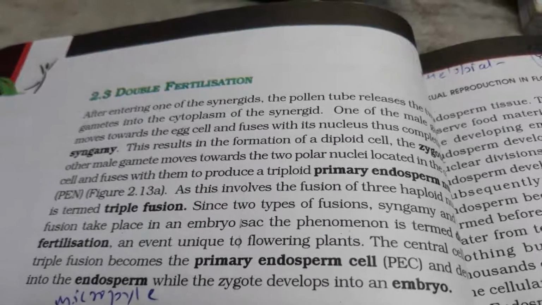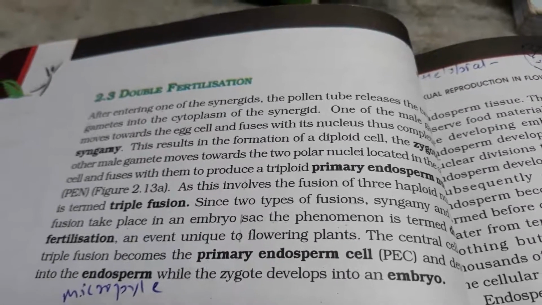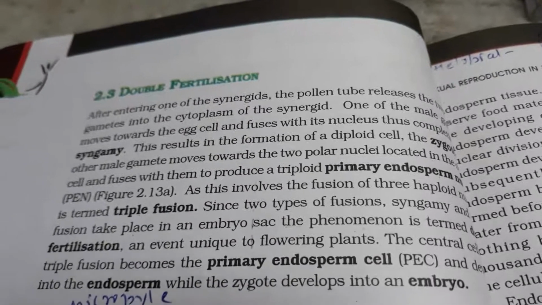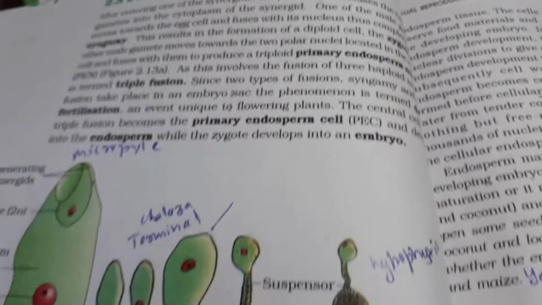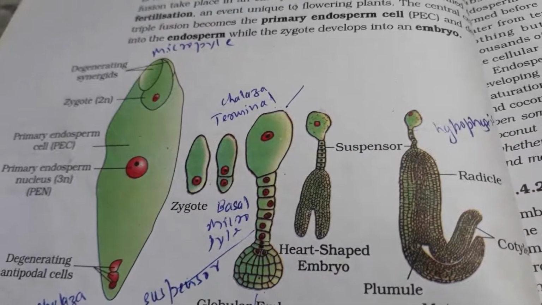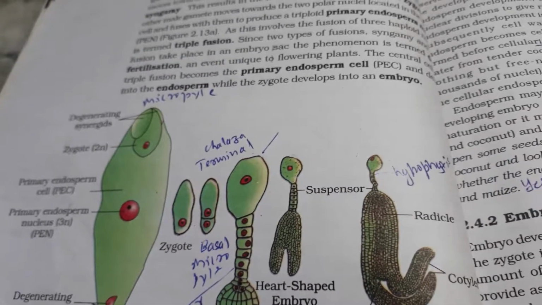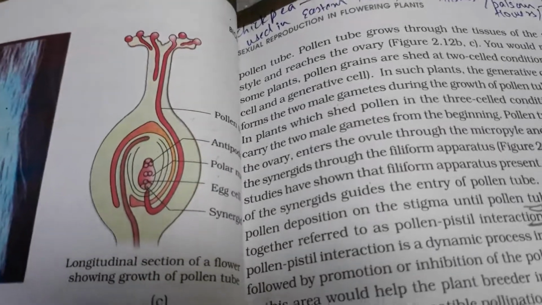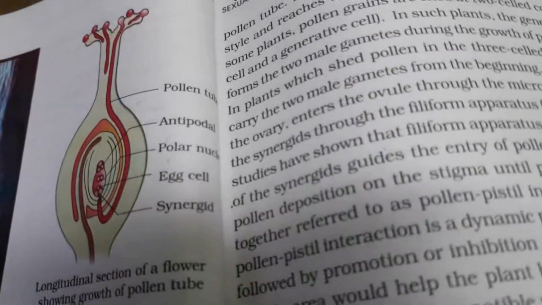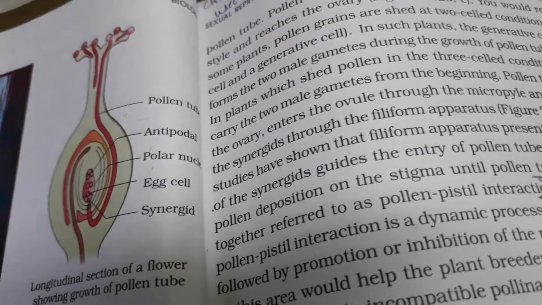Hello everyone. We are beginning with today's topic, double fertilization, and for this I had told you that you should know the diagram perfectly well. Here, this diagram, have you practiced that and are you familiar with the labeling of it?